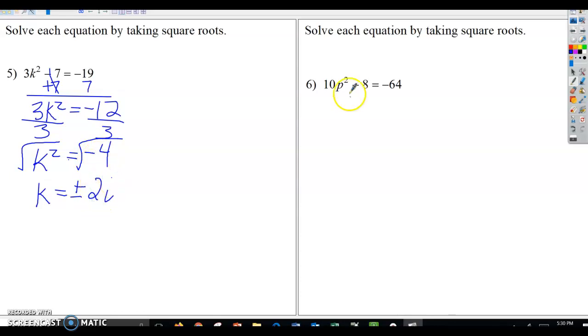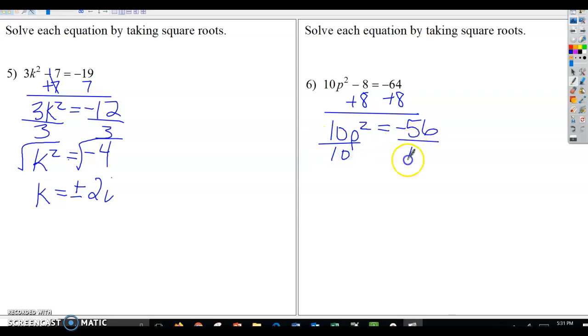All right, on this one, I'm going to add 8. So I'm going to have 10p squared equals negative 56. Divide by 10. p squared equals, let's see, that should reduce. What will that reduce to?